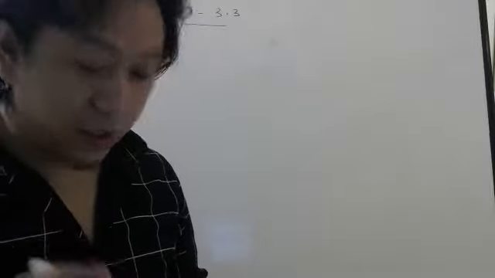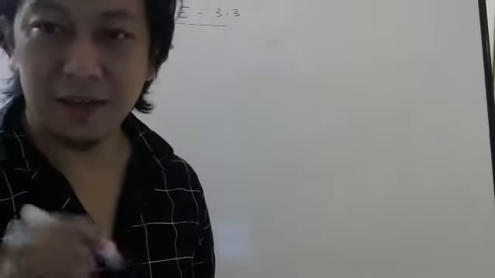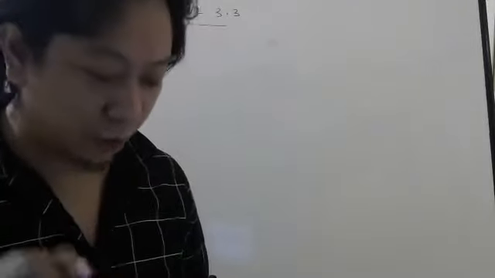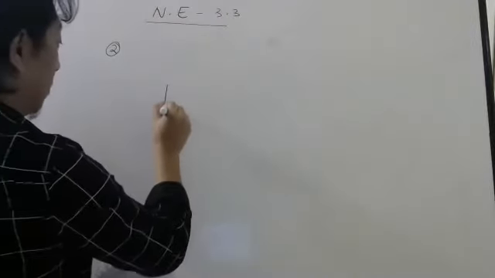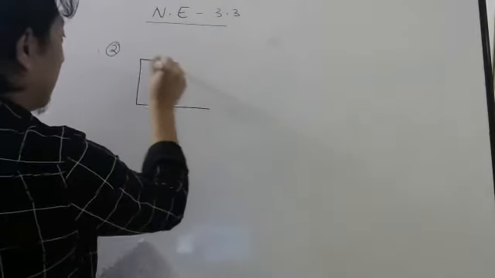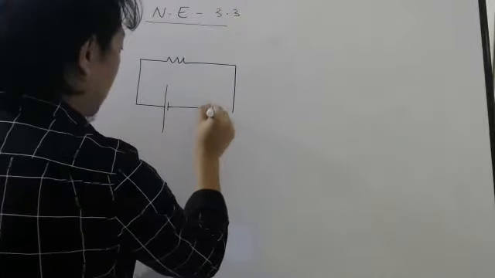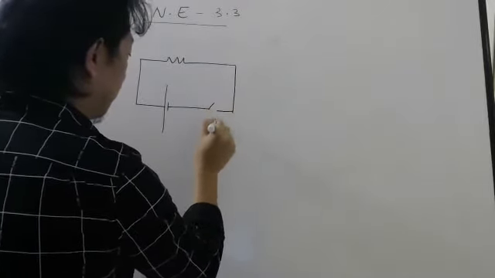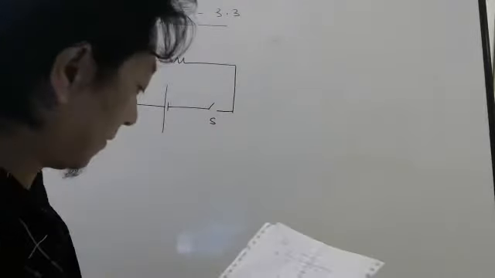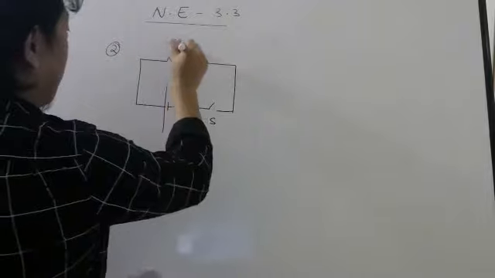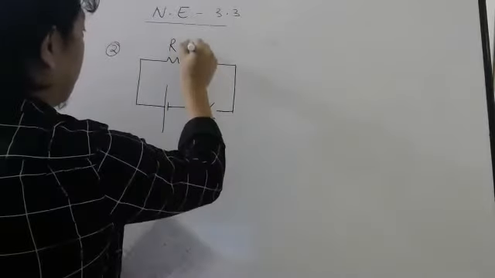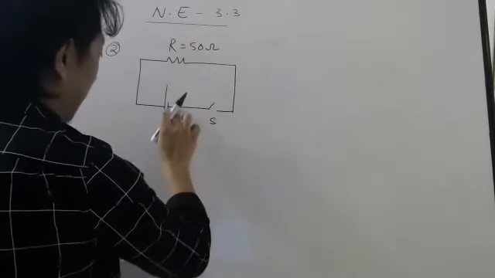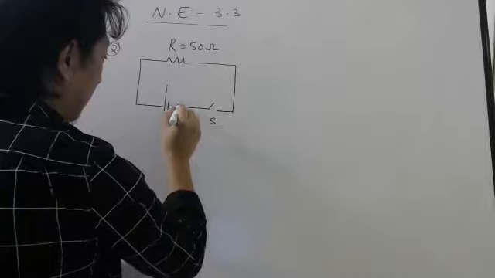In the question they have mentioned, I don't have the exact written question, but what I have is there is a battery which is connected to an external resistance through a switch. So S is your switch. The external resistance is 50 ohm and the battery also has internal resistance.